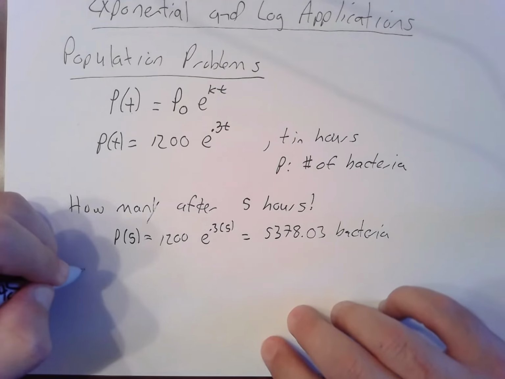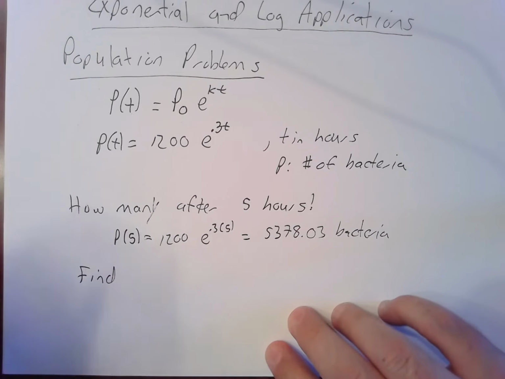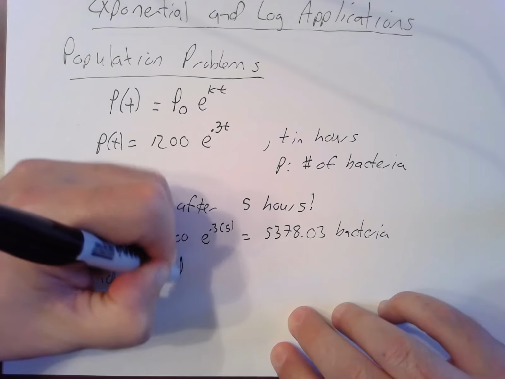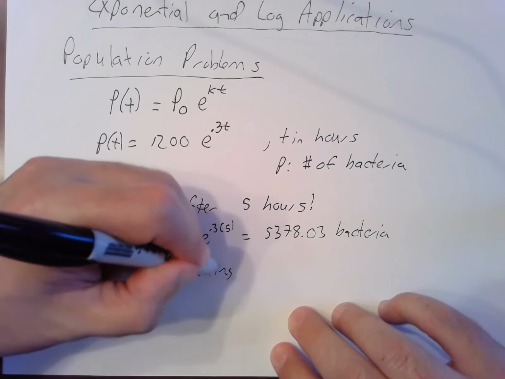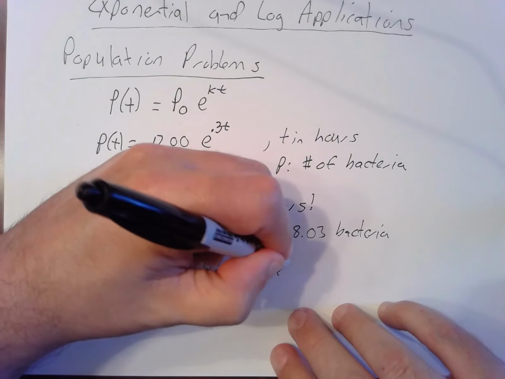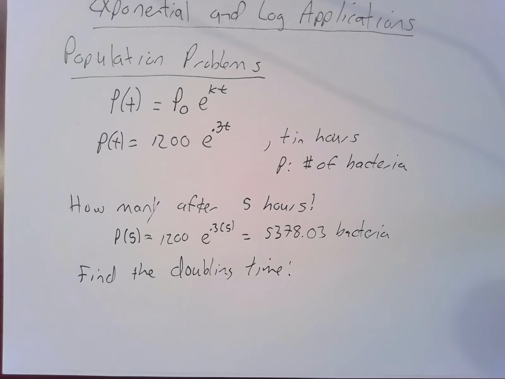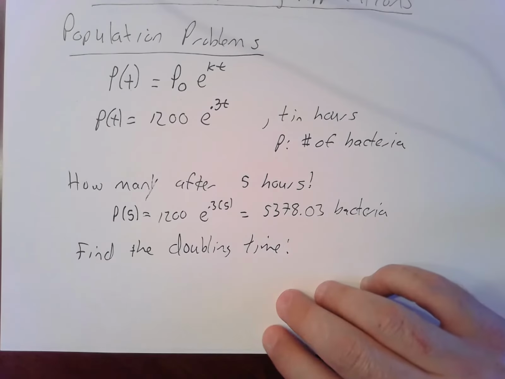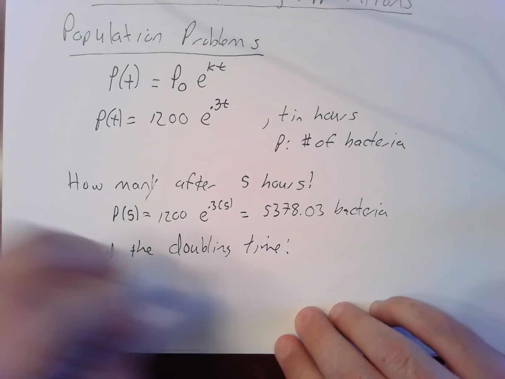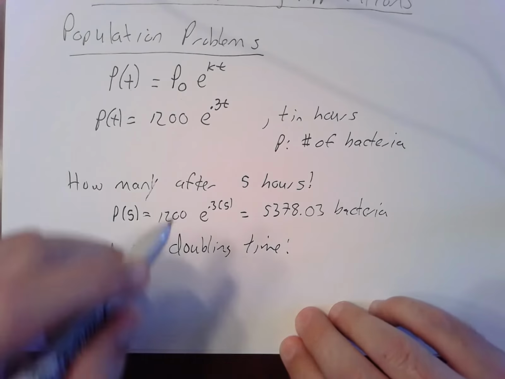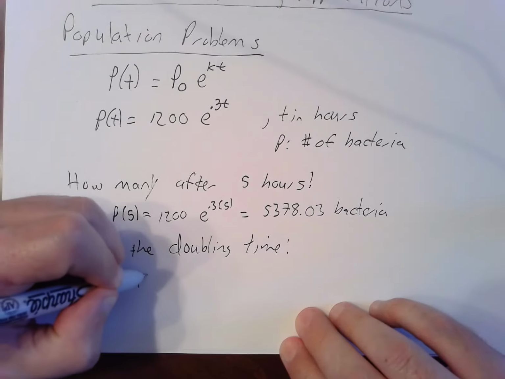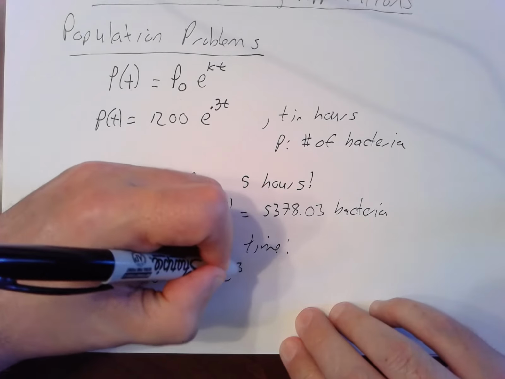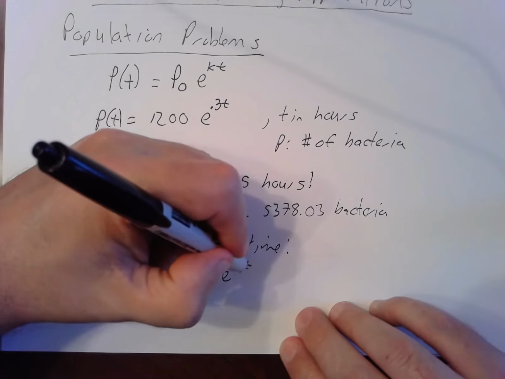Okay, what if I wanted to know how long it takes until we get double the initial amount? So find the doubling time. Well, I started with 1,200, so I want double the initial amount, and I'm trying to solve this for time.